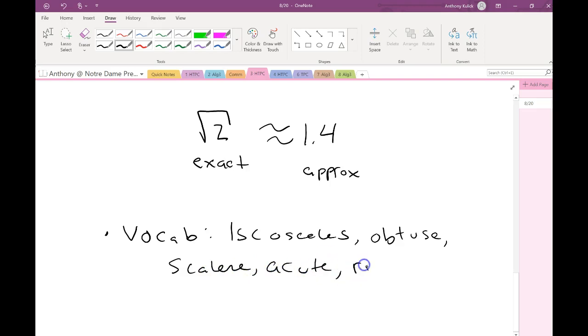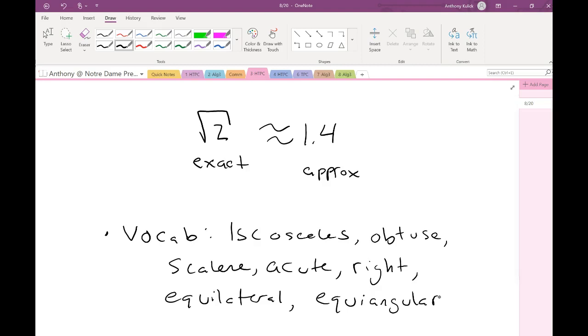I mean, there's right, equilateral, and probably along that same vein we can write equiangular. Everybody kind of vaguely remember these vocab, or at least look familiar enough? What does isosceles mean? Two sides are the same length. Good.